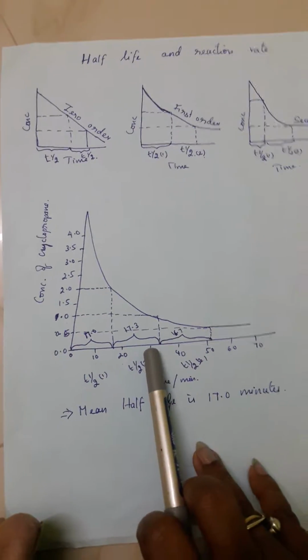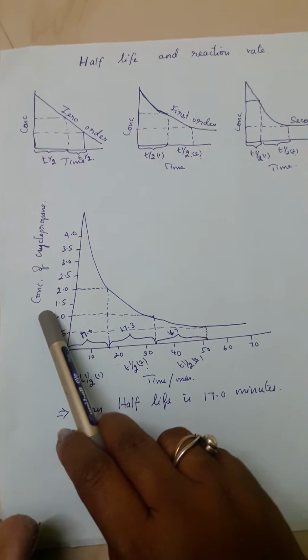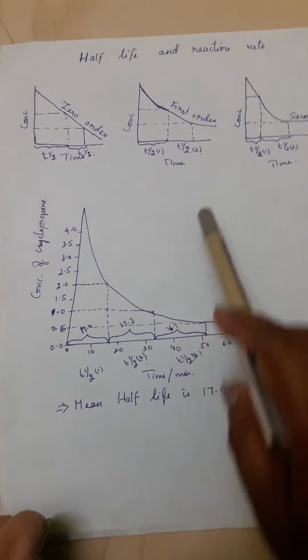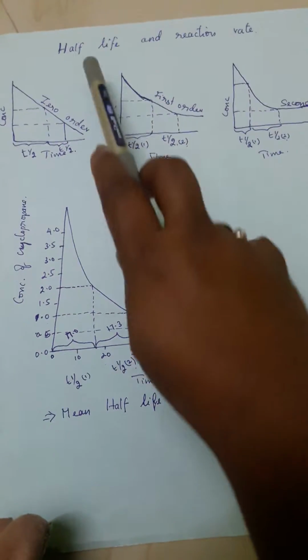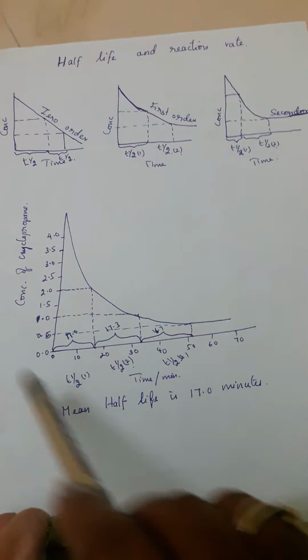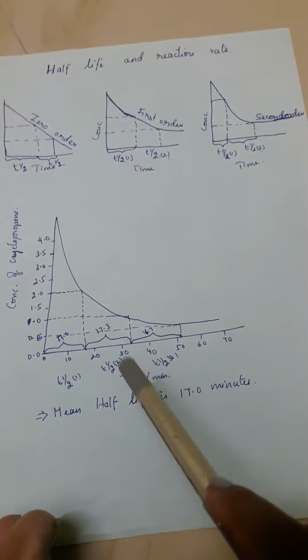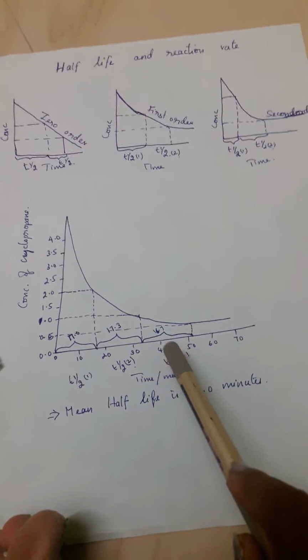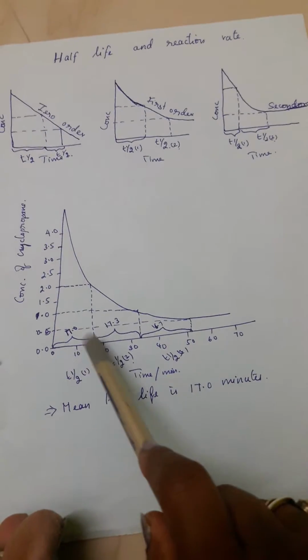If you see this, the concentration of cyclopropane versus the time taken, the rate of a reaction. Here I have given the topic half-life and reaction rate. The reaction rate is concentration by time taken, right? So reaction rate versus half-life.